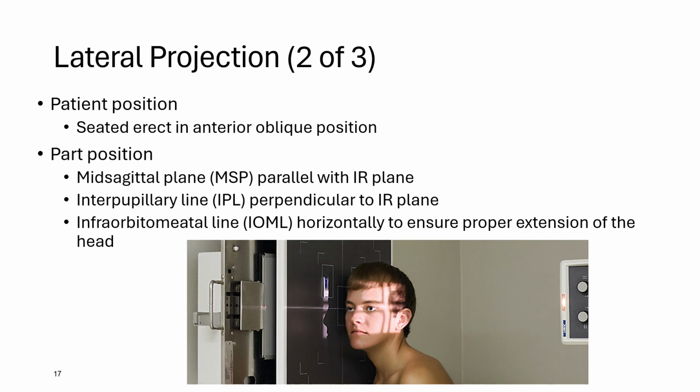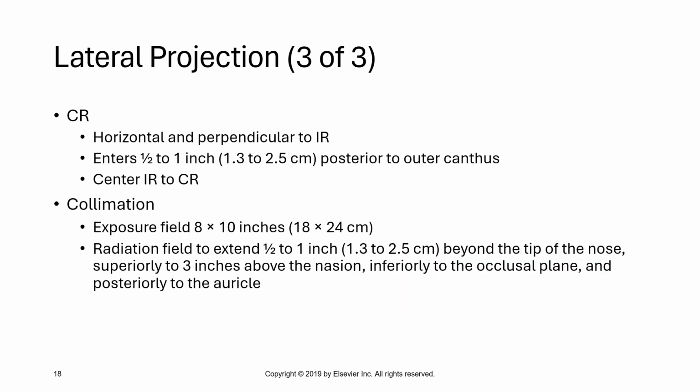Okay, and let's see if we can figure out central ray. One-half to one inch posterior to the outer canthus. Third time's the charm. All right, so just a little bit beyond. What is the outer canthus?